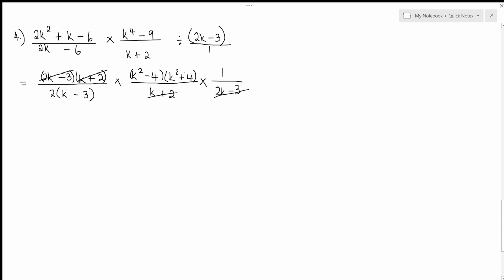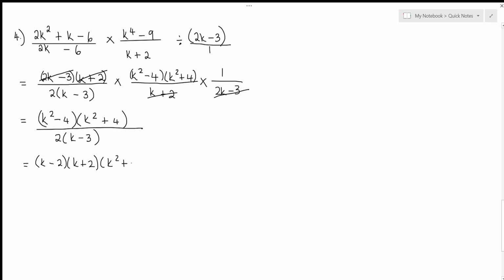And in my numerator, I'm going to get left with k squared minus 4 times k squared plus 4, and it will be over 2k minus 3. Now, k squared minus 4 can be factorized further, so we're going to write it as k minus 2, k plus 2, times k squared plus 4 over 2k minus 3. And that's how we'd leave our answer.